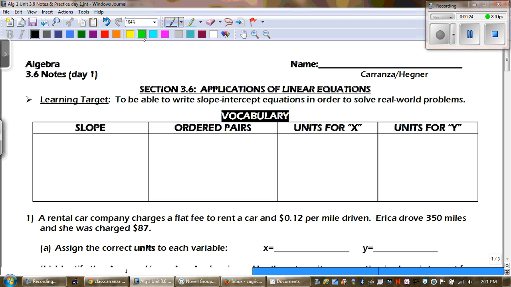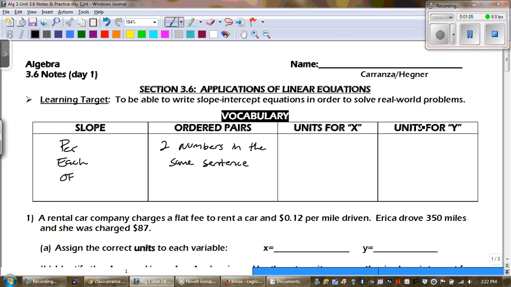Now, slope. When you're working with word problems, in slope, you're looking for words like per, or each, or the word of. All of those words are going to indicate that you've got a slope. When you're looking for ordered pairs, they are two numbers that are in the same sentence.